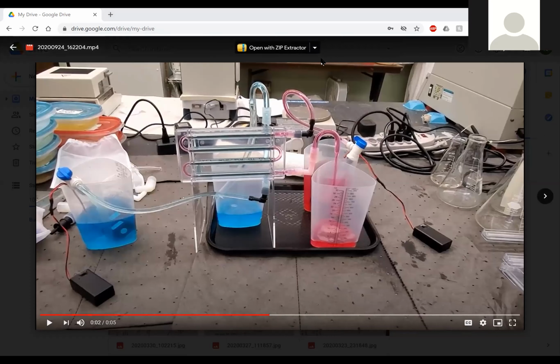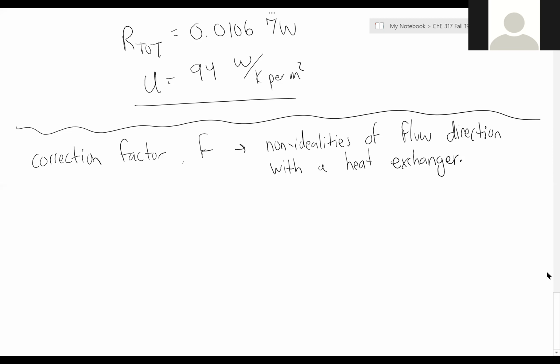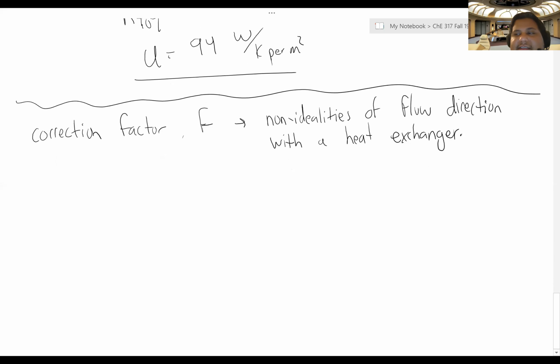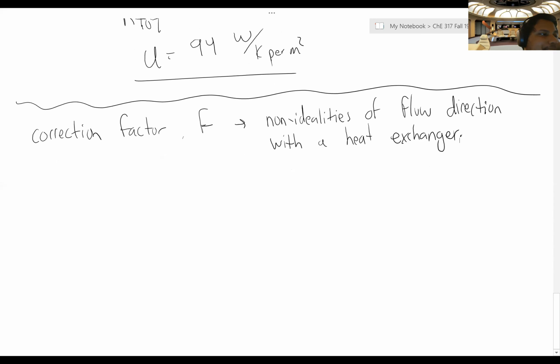And so we can basically institute this correction factor, which allows us to assume a countercurrent flow path for our delta T, our log mean temperature gradient, and then correct that temperature gradient with this F value. And so in general, F goes from 0 to 1, 9 times out of 10 if I'm honest.